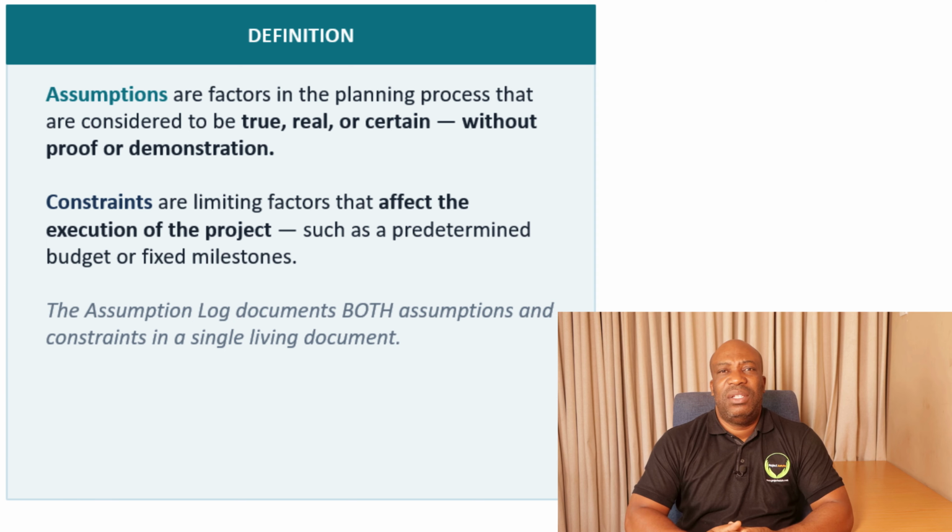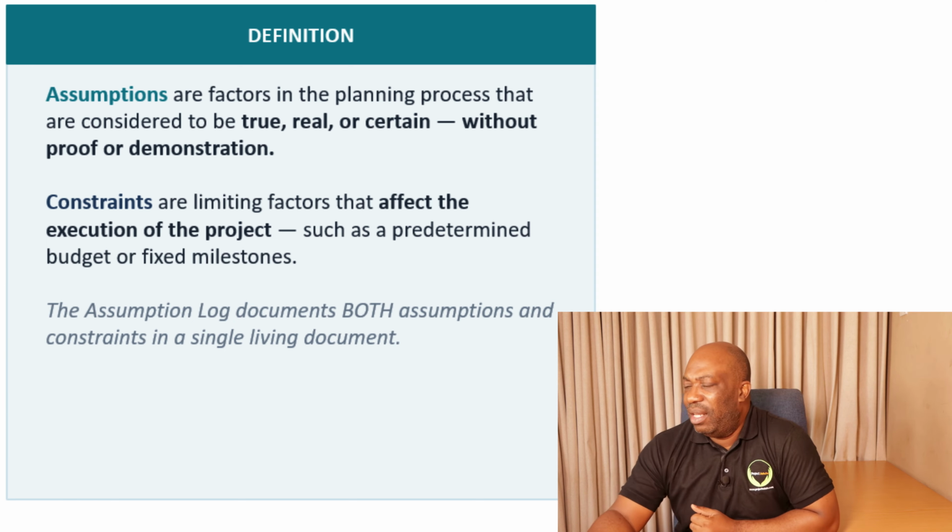All right. So as you can see on the screen, an assumption is a factor in the planning process that is considered to be true, real, or even certain without proof or demonstration. Let me explain. An assumption is something that you want to consider to be true, to be real, or not to be changing even during the course of the project.